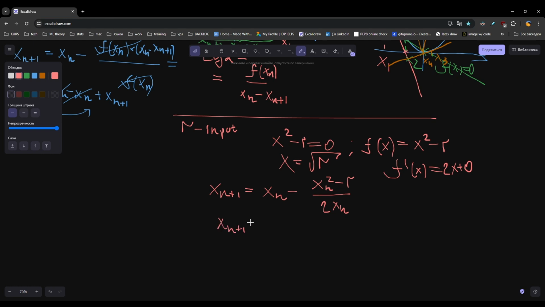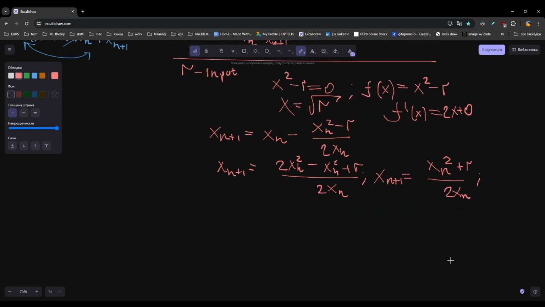Therefore, if we further simplify this, if we bring all of this under the same denominator, we would have 2 of x of n squared minus x of n squared plus r, divided by 2 of x of n. This can also be further simplified as x of n squared plus r divided by 2 of x of n.